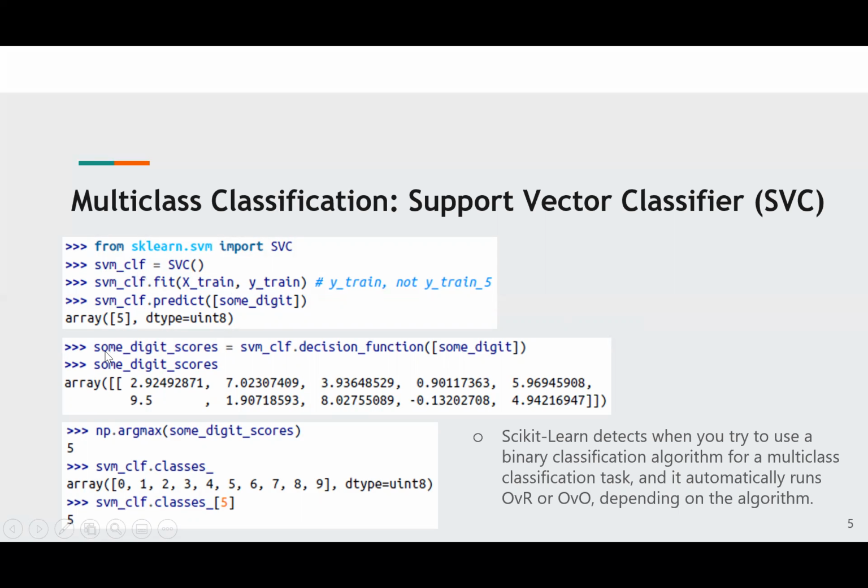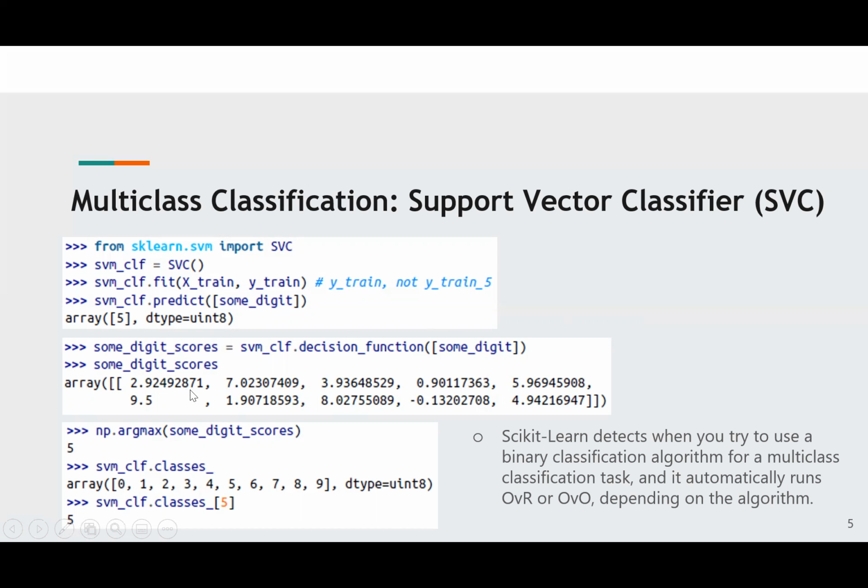And then you could come back with the decision function. Once you have trained that, you use svm_clf.decision_function to access the scores. They come back, and you can see that this essentially is aligned with the original dataset. The scores are for this particular digit, some_digit, the first image, remember X[0].